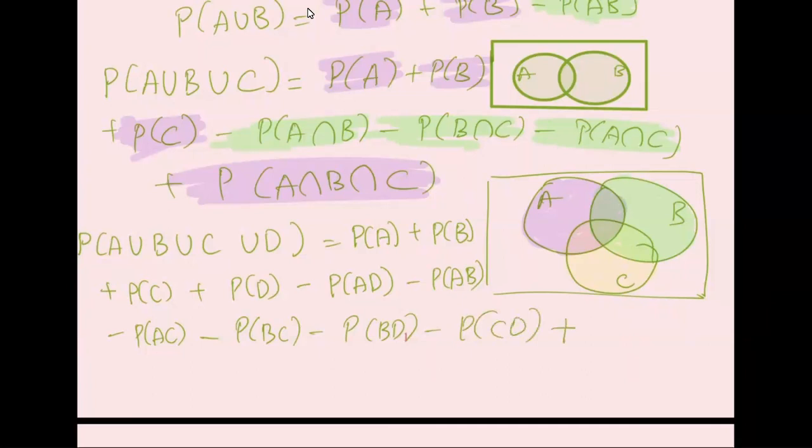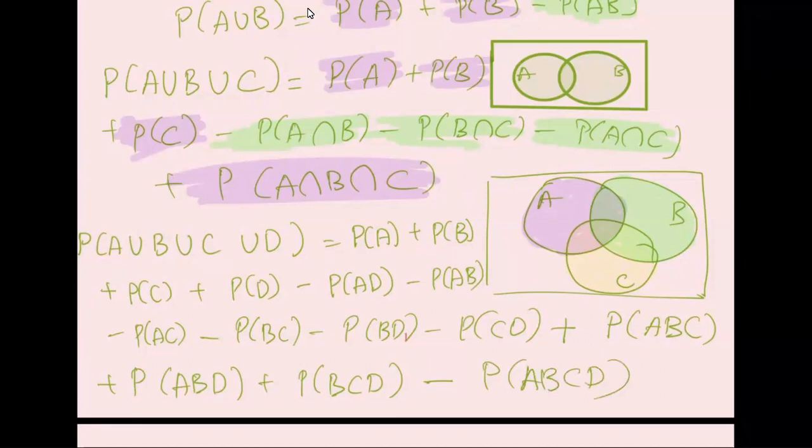And then you add the 3-set intersections. And then you subtract the 4-set intersection. Does this make sense?